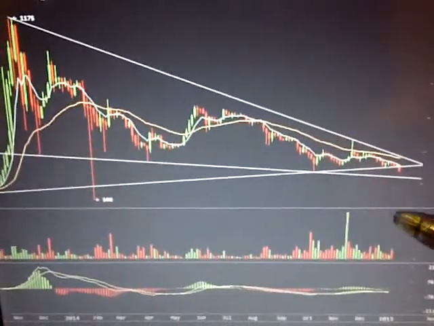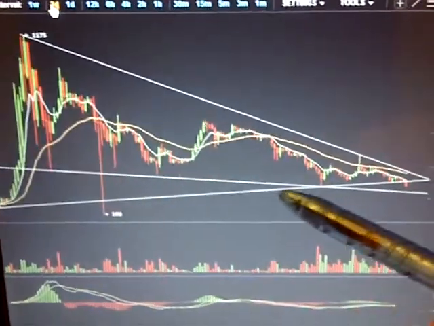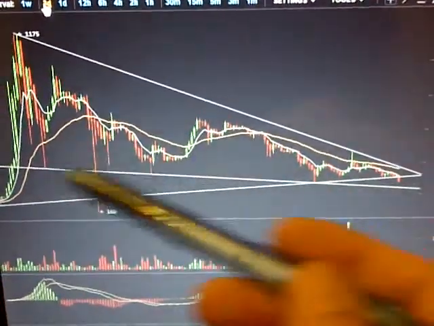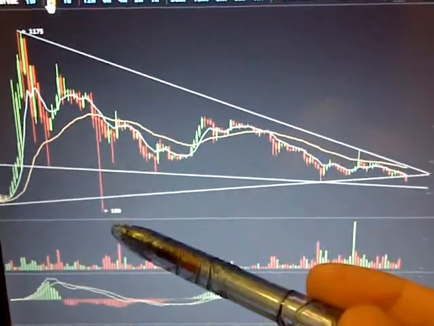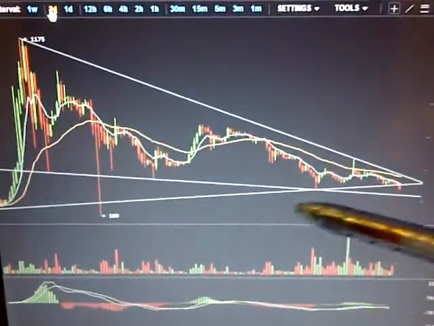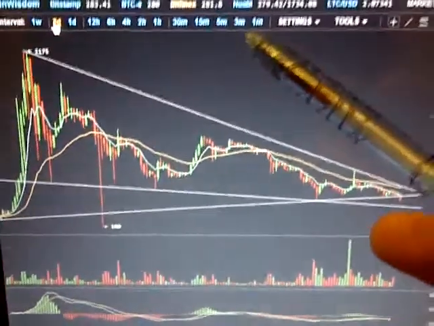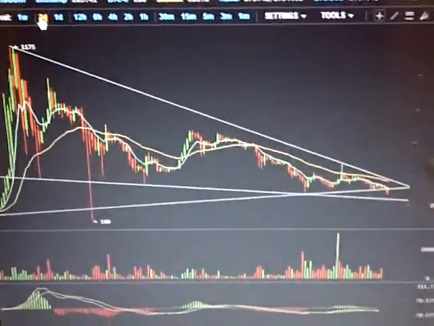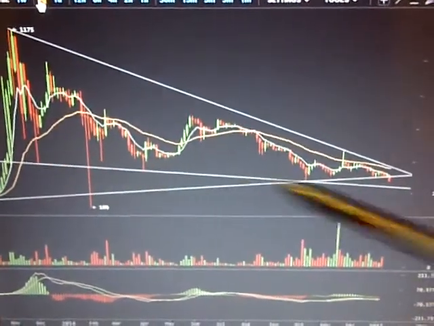You'll see it's still continuing on this trend line here as a support, and it's broken down through it. This is on Bitfinex, but you'll see this on Bitstamp. You also see this on the Chinese exchange as well, and probably some other exchanges. You'll probably see the same thing, where this is really the support here, and it's sloping down.